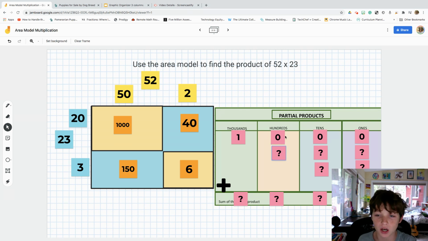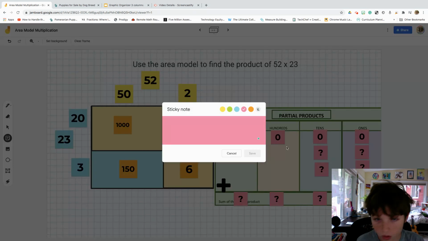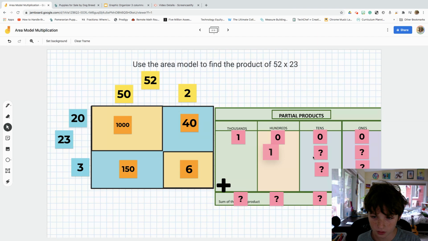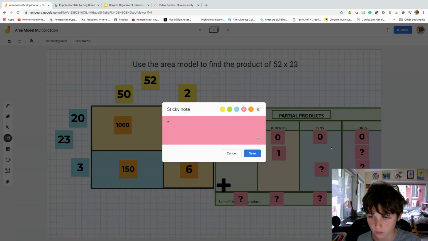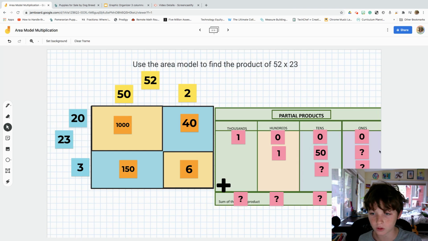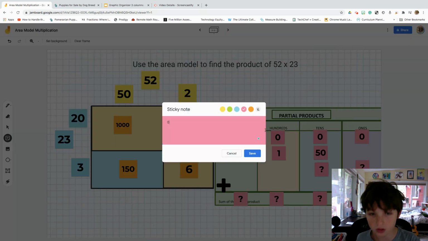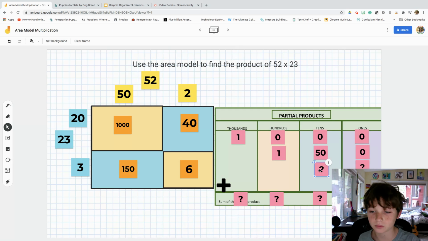And then the hundreds, well, 150. Then 0. And then the final 10, 40.